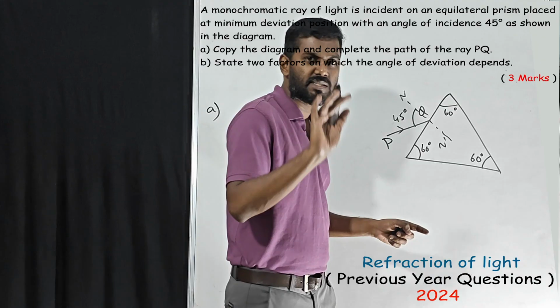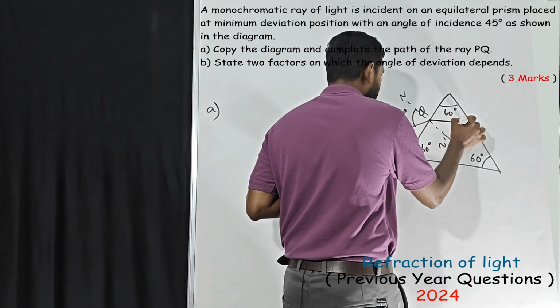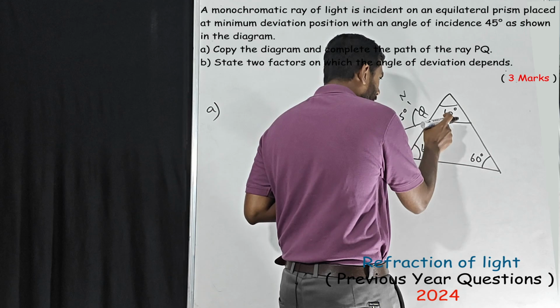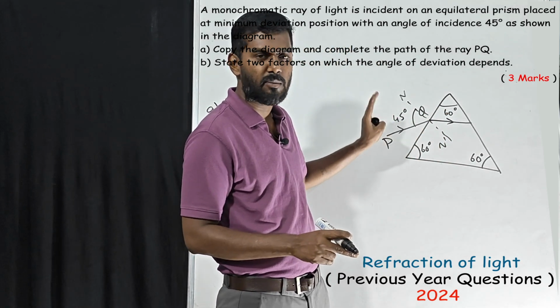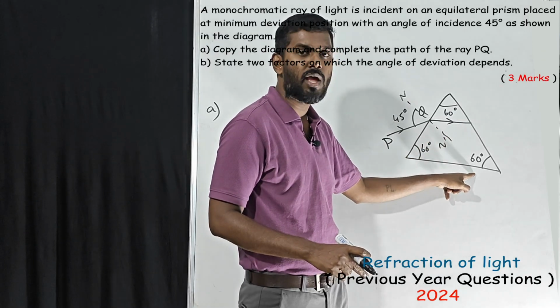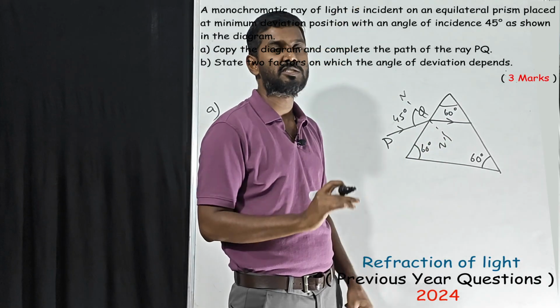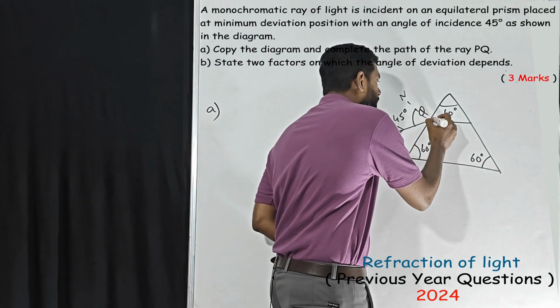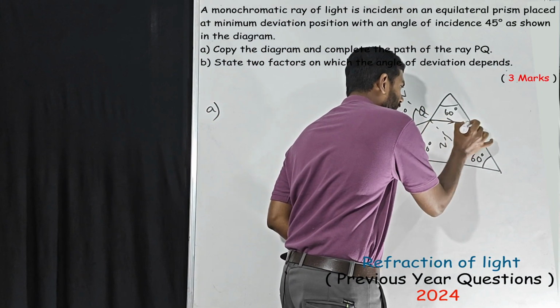When they say minimum deviation, the refracted ray should be parallel to the base. That's why I tell you, whenever you are drawing a ray diagram, use a scale and pencil. The refracted ray will be parallel to the base only in minimum deviation. Assume minimum deviation is not mentioned in this question; then there should be a small increase in angle, it should not be exactly straight.